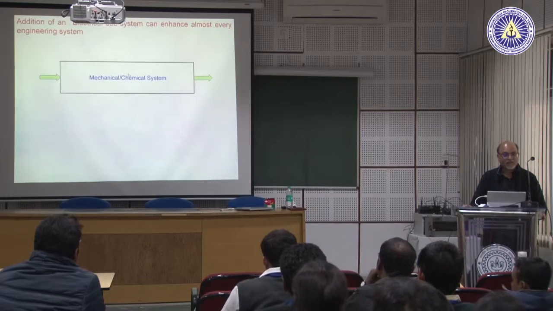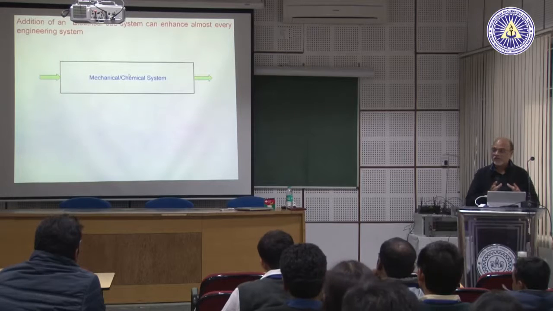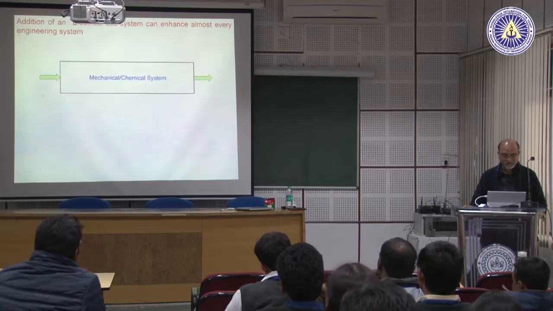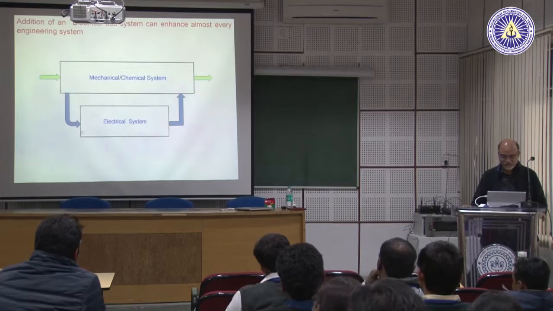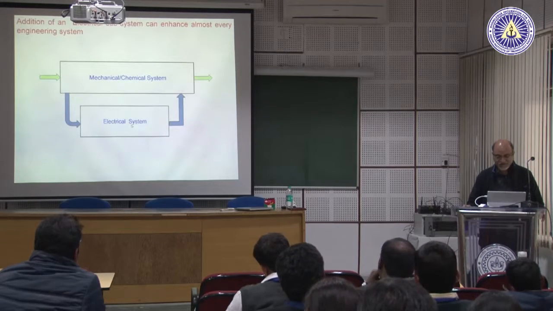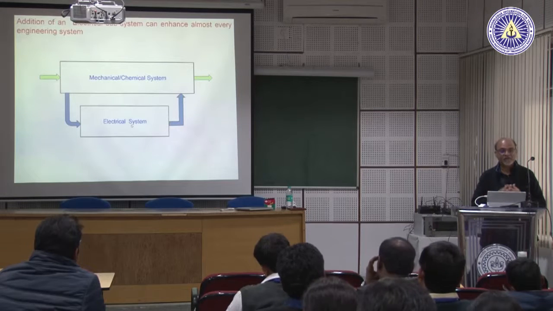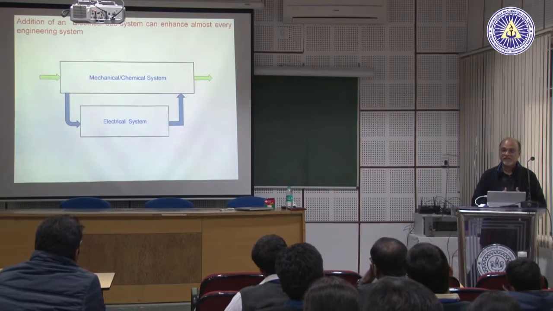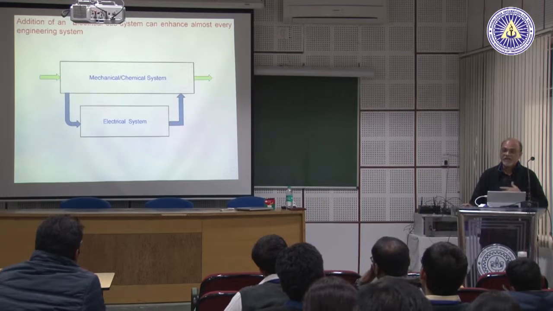It could be a mechanical or a chemical system. Whatever you're trying to do, you can take your inputs and convert them into an electrical input with a variety of sensors that are available. Do your processing in the electrical domain. Why? Because it's so easy. It's so convenient to do things in the electrical domain as compared to any other domain.